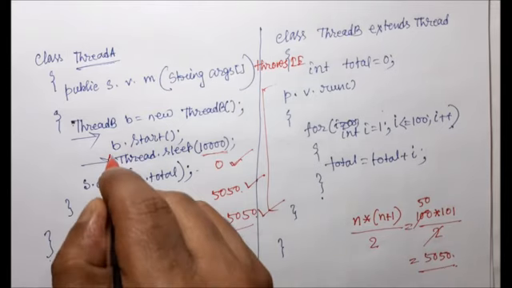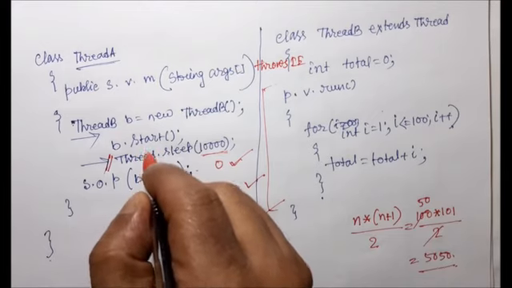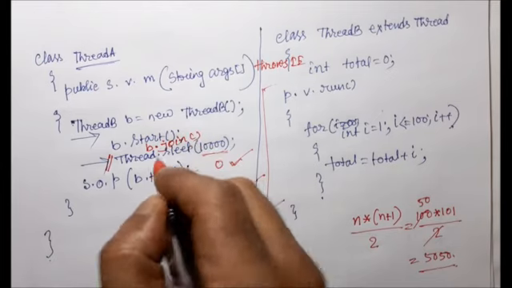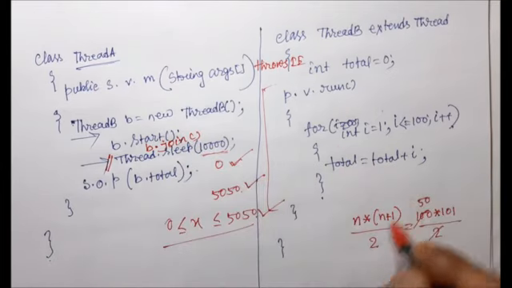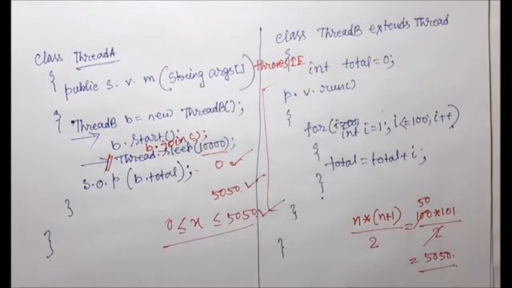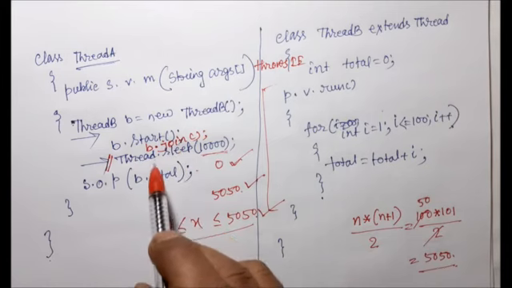So let me consider another example. Let's comment this line, I want to use the join method, because we know that. I will call the join method, because this is my main thread and first I want the update from the child thread, right. So if I call the join method, what will happen? b dot start, then it will call b dot join.